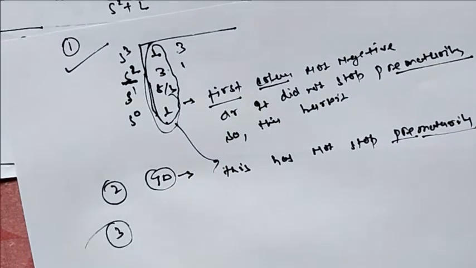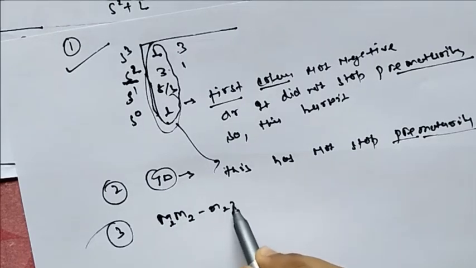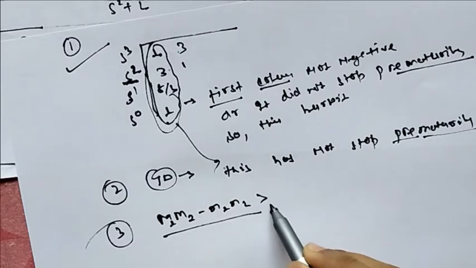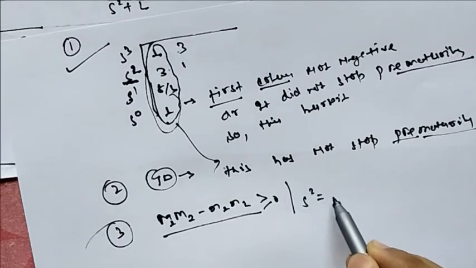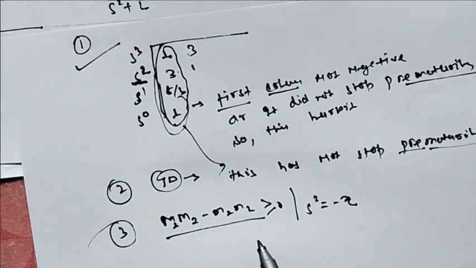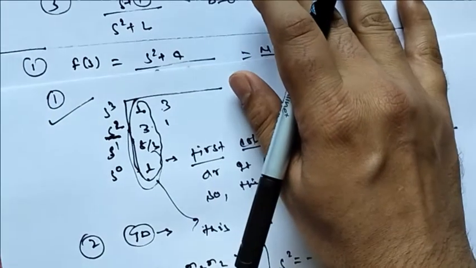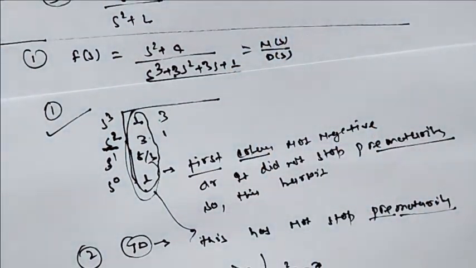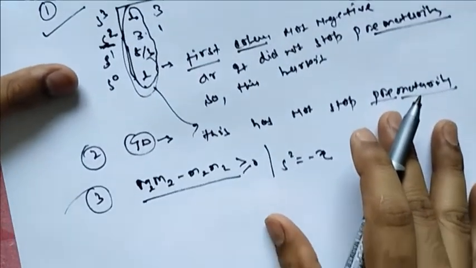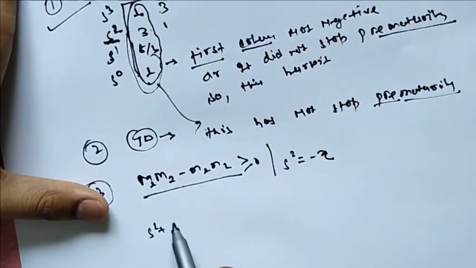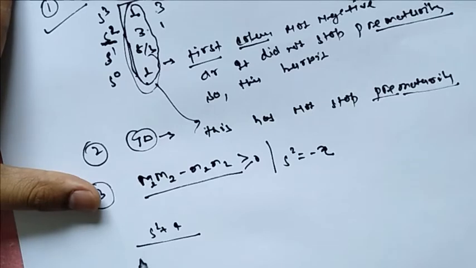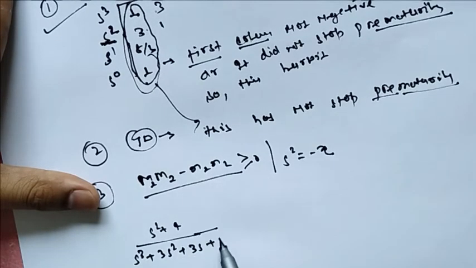Now third, we are going to check that the real part, that is m1 m2 minus n1 n2, must be greater than 0 for s square equal to minus x. Now what was our function? Writing the function again: s square plus 4 by s cube plus 3s square plus 3s plus 1.